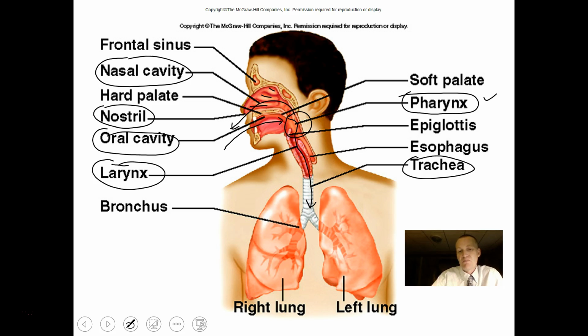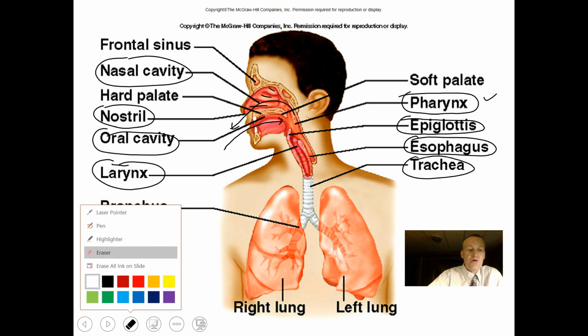So there is a combined place where the esophagus and the larynx kind of have a combined area right there in the pharynx. And to prevent food from going down into your air tube, we do have this little fold of skin called the epiglottis. I'm just going to kind of shade it in there for you to see. This epiglottis will close over the air tube when you swallow, but when you're not swallowing, the epiglottis is in an uncontracted state.